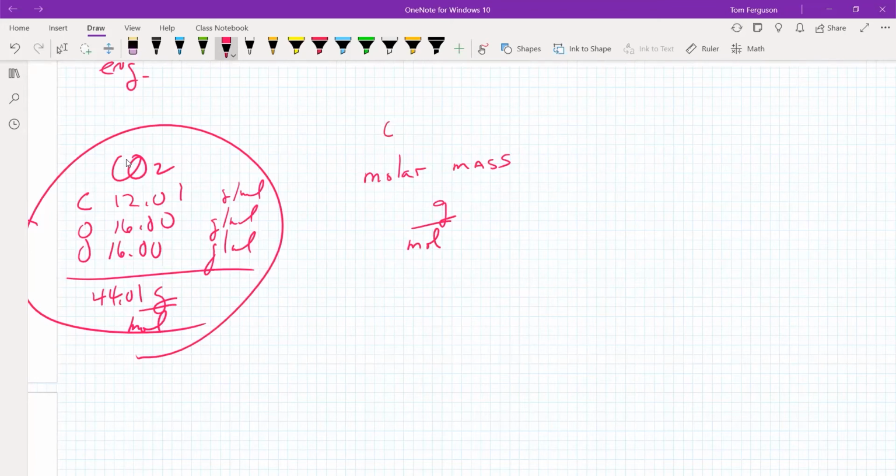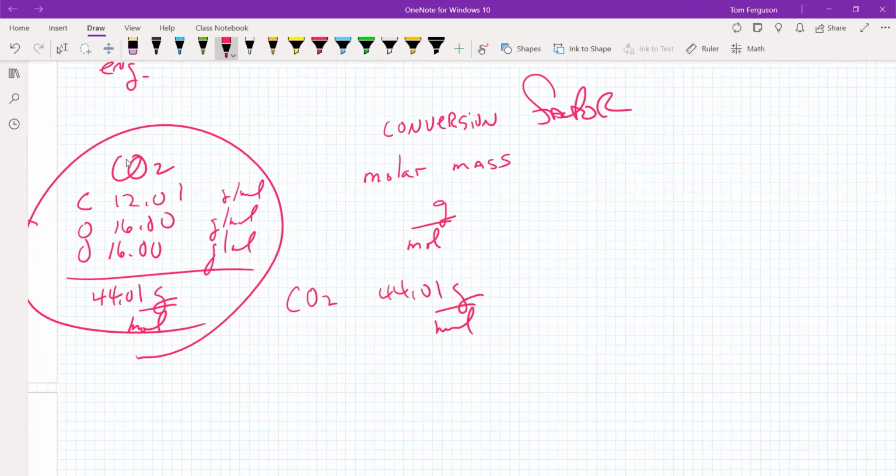That means that is a conversion factor, grams per mole. It depends totally on the compound. Carbon dioxide is 44.01 grams per mole. Oxygen gas is 32.00 grams per mole.